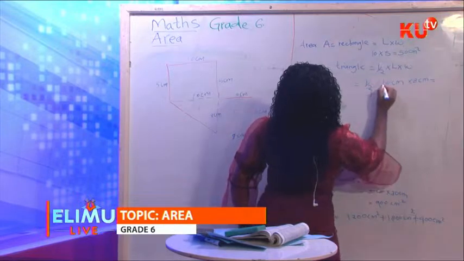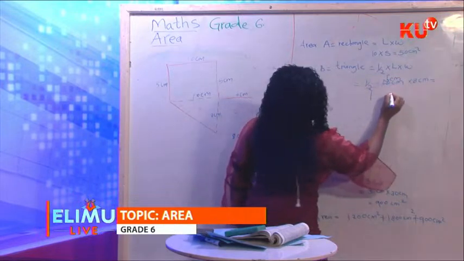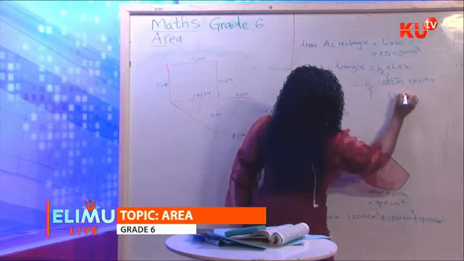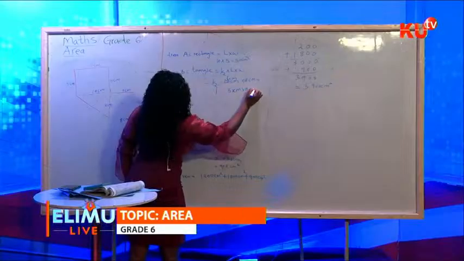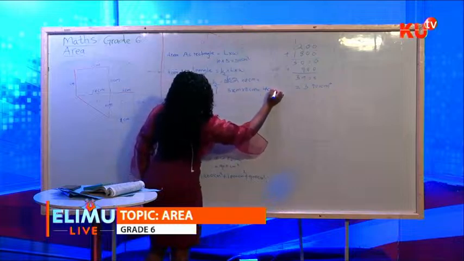So we can cancel. Here we are going to get 5 centimeter. What is 5 centimeter multiplied by 8 centimeter? You are going to get 40 centimeter squared.